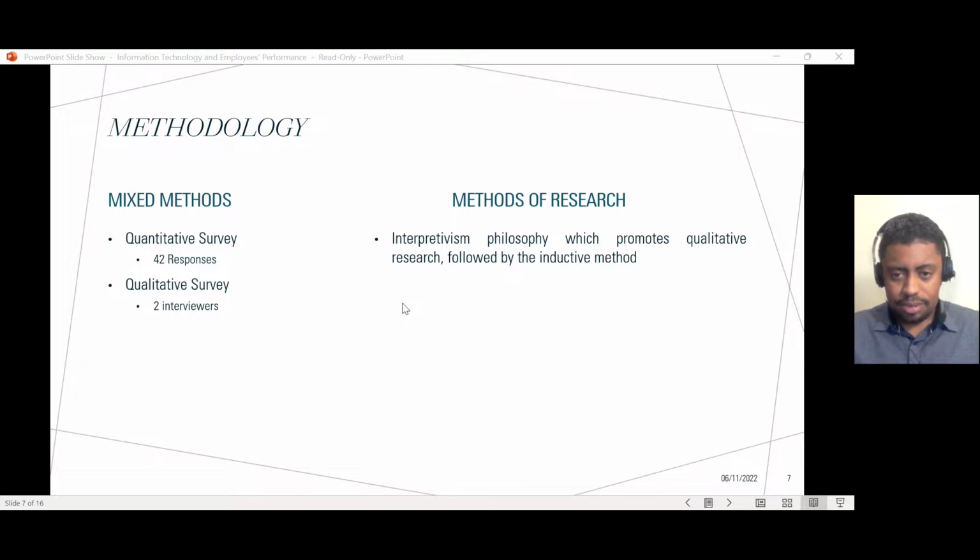The research followed an interpretivism philosophy, which promotes qualitative research, followed by the inductive method. It's assumed that there is not only one reality, and we need to understand different perspectives to reach a conclusion about the research.